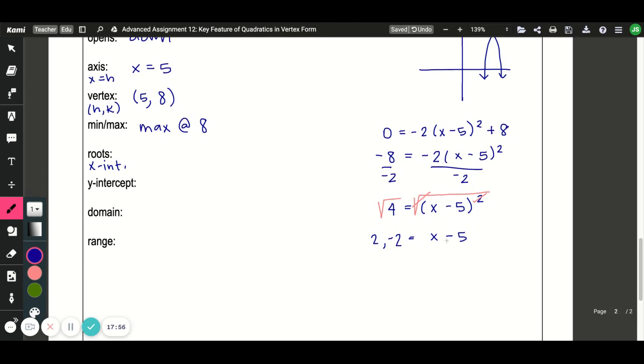So now we're going to add 5. I'm going to write these out as 2 separate ones. So we get 2 equals x minus 5, and -2 equals x minus 5. For this one, if I add 5, I get x equals 7. And on this one, if I add 5 to both sides, I get x equals 3. So my 2 roots are (7, 0) and (3, 0).